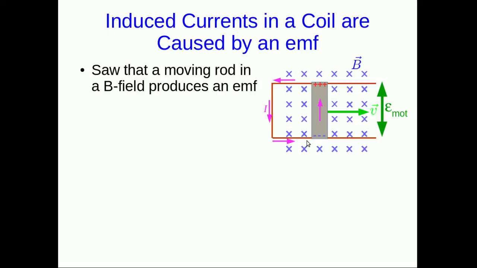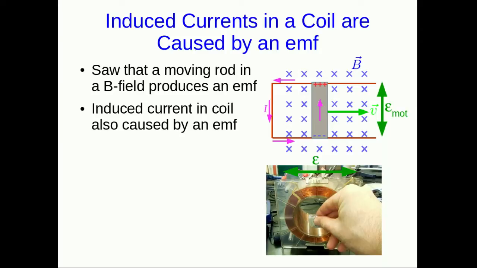And let me remind you that we call it an EMF because there's an E field here pointing from positive to negative, but there's a magnetic force pushing charge against the E field so that it flows from low potential to high potential. Well, that's what we mean by an EMF. It's the work per unit charge being done by some force that's making current go against an E field.